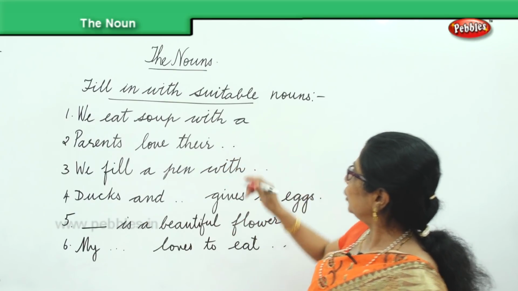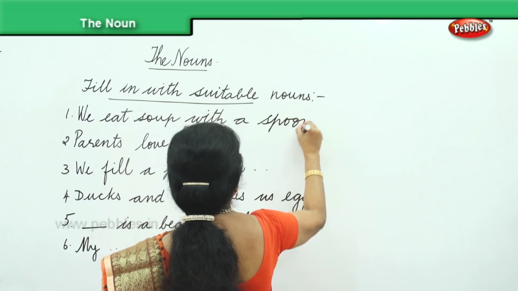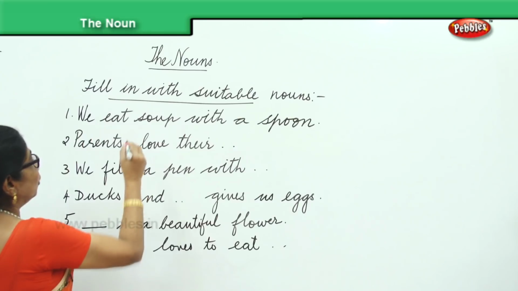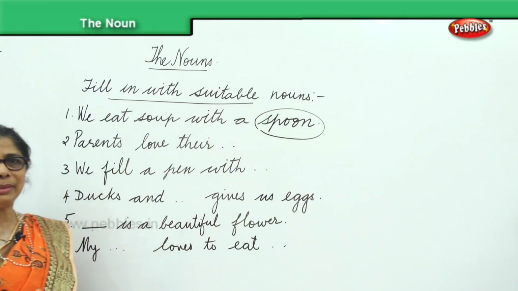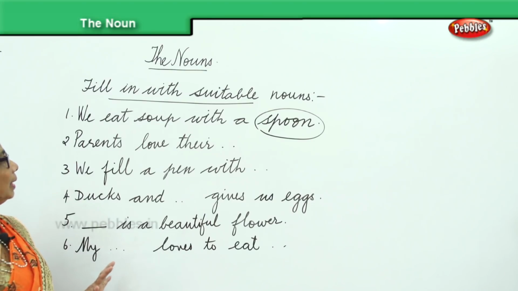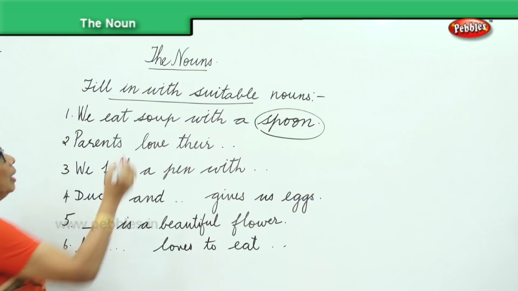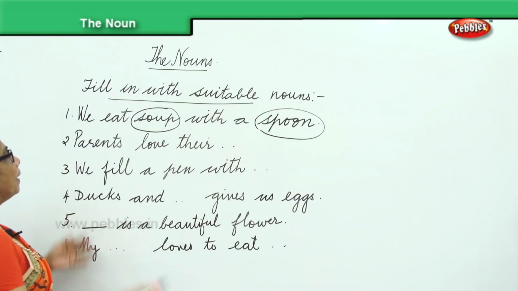With your hand? No. With a spoon. Spoon is a noun. Okay? Now, soup. That's also a noun. Now, we can drink the soup or eat whatever.